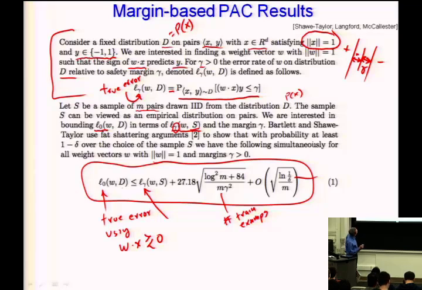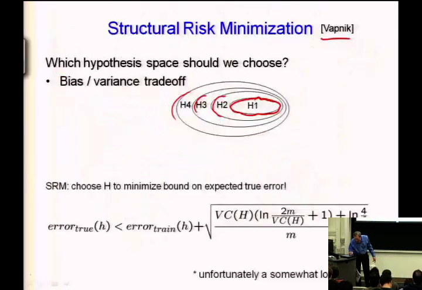Okay, so this is interesting. So what's interesting about this, a couple things. One, we're using the margin to tell us basically how the true error will depend on the training error plus this quantity. See, that's just like the thing we looked at here.